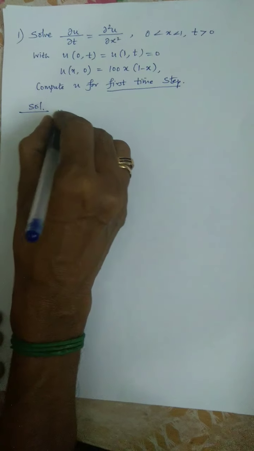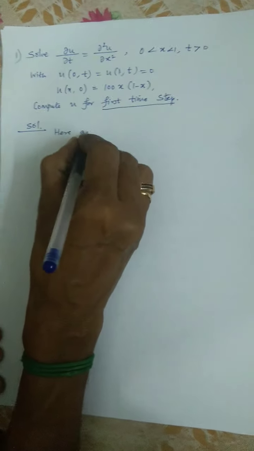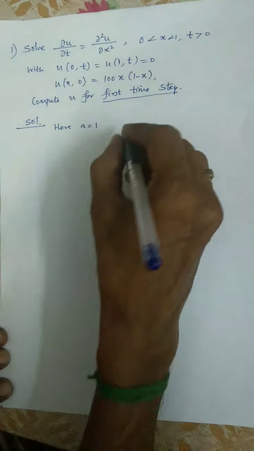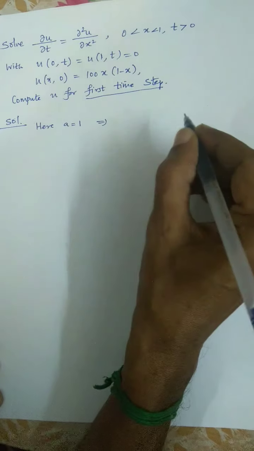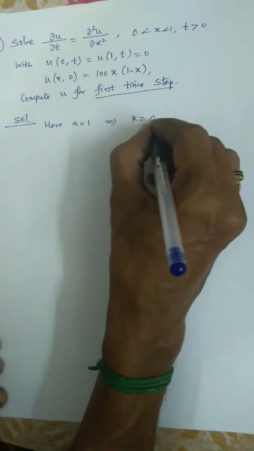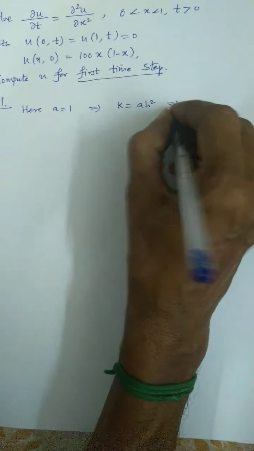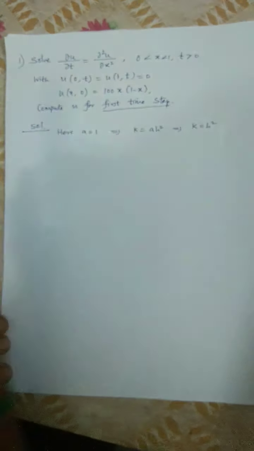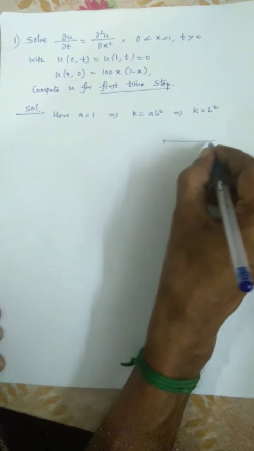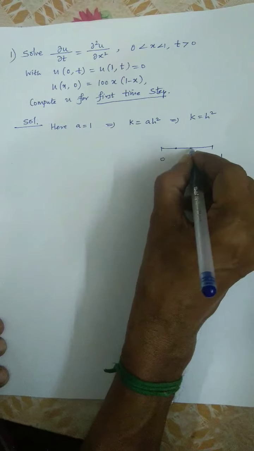Okay, here, what is our constant? a equal to 1. And you know very well, according to Crank-Nicholson, as we have discussed already, k equals a h square. Since a equals 1, the k value is h square. The material length is 0 to 1, so the choice is left to you. You can choose the step size according to your choice. But what is the better choice?